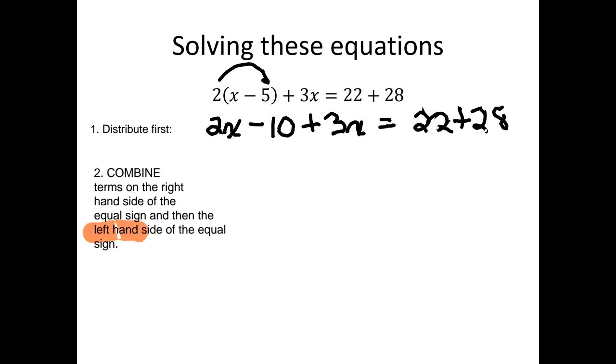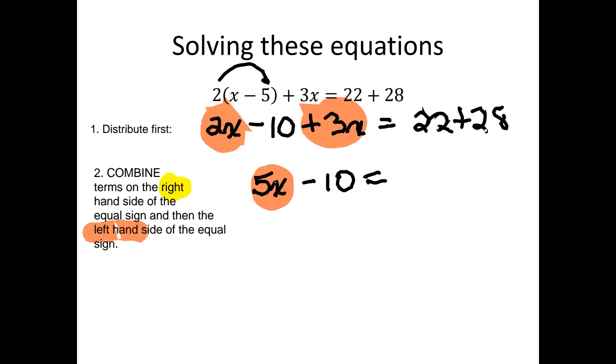I'm combining those terms right here. That will give me 5x minus 10. And then I am going to go to the right side. These two are going together here. This will give me 50.